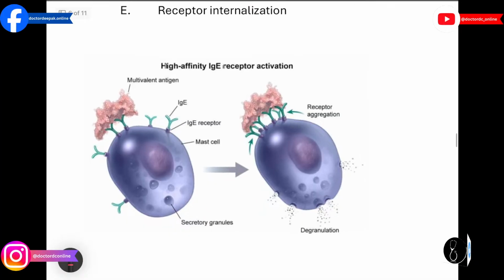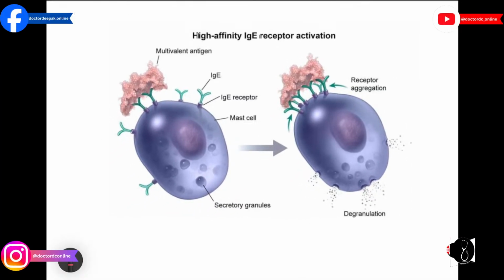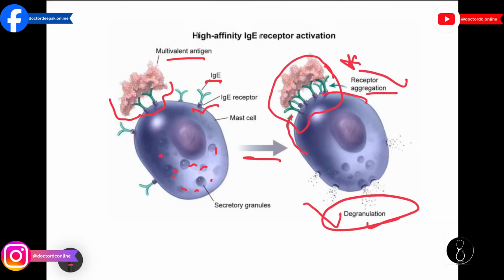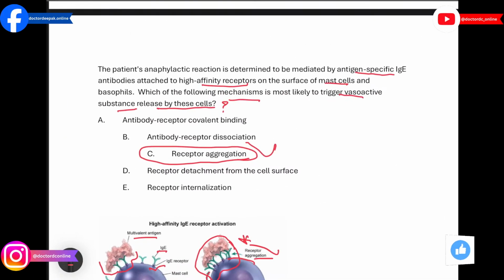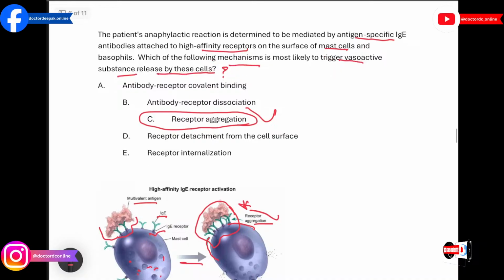What happens? In high-affinity IgE receptor activation, multivalent antigen will bind to the IgE receptors of the mast cells or basophils. There are secretory granules already present in the mast cells. Aggregation of IgE receptors. Understand? So the answer: receptor aggregation is the mechanism most likely to trigger vasoactive substance release by basophils or mast cells.